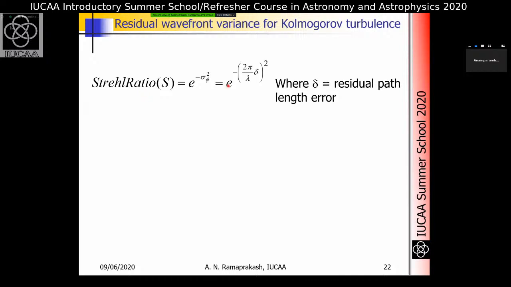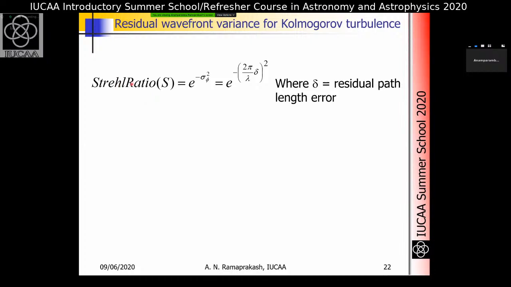Now, if the light is distorted by the atmospheric effect, of course, the center area will not be that bright. The ratio of the central brightness of an atmosphere-distorted image, the Gaussian distributed light distribution, compared to an ideal distribution of light in an Airy disk is called the Strehl ratio.